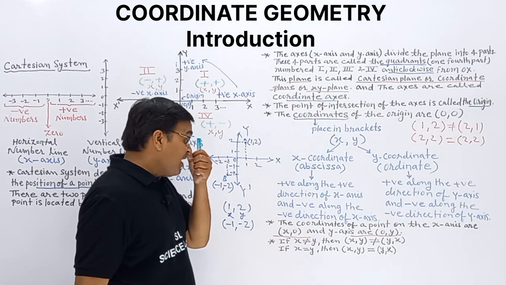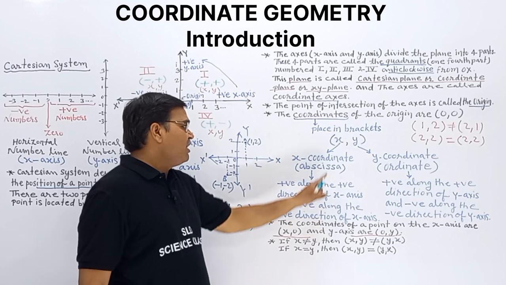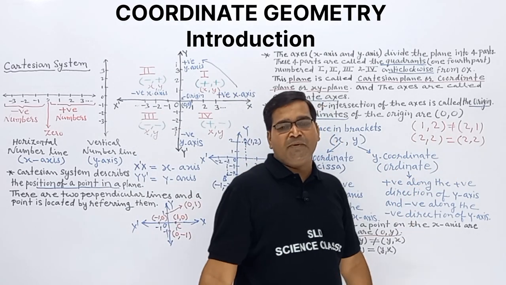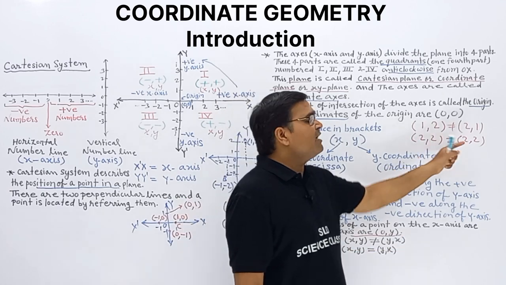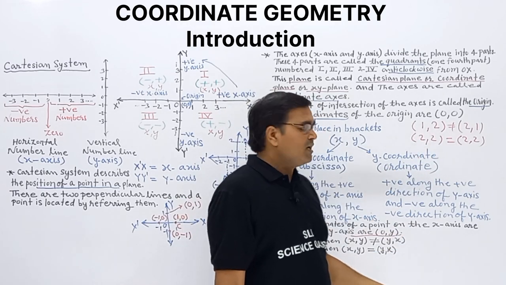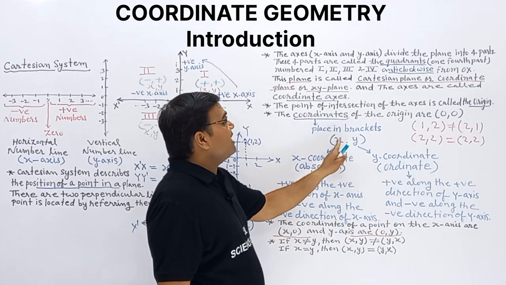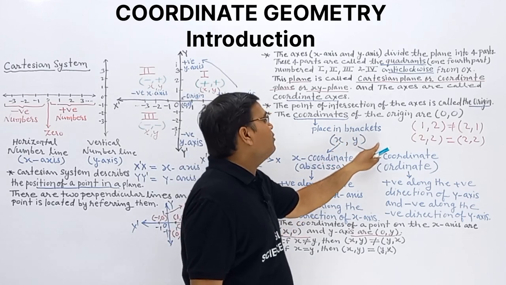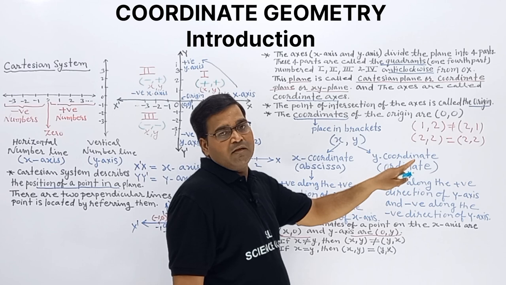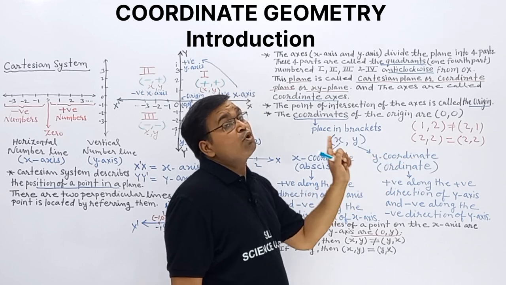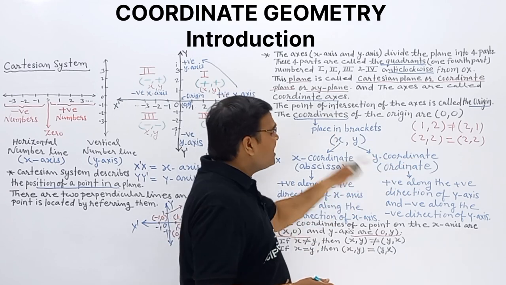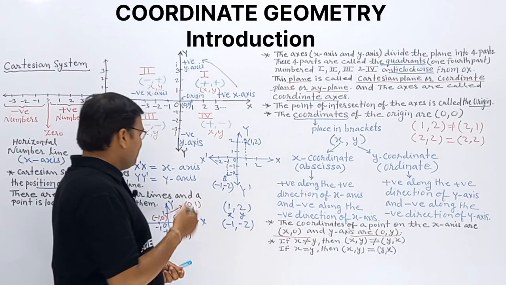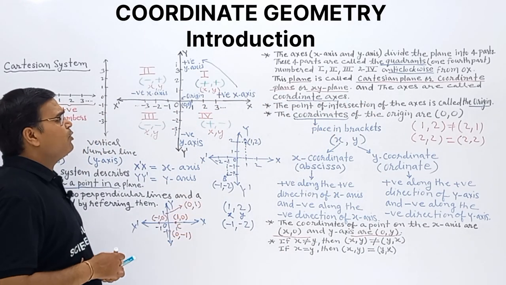So if x and y both are equal, then there will be no difference, both coordinates are same. Clear? So we cannot change (x, y) to (y, x) when both are unequal. If both are equal, then we can write anyway. Clear? So I hope you understand this. This is the easy point, no problem.